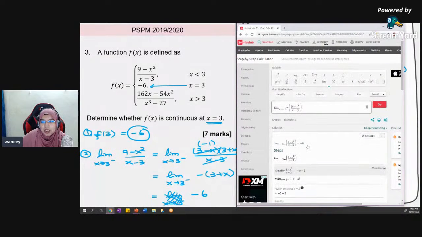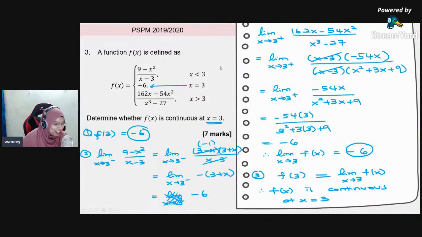Negative 6 juga. So tadi dapat negative 6. Sekarang pun negative 6. So kita tahulah the limit for x approaches 3 exists and must equal to negative 6. Okay, so next. Okay, next question.